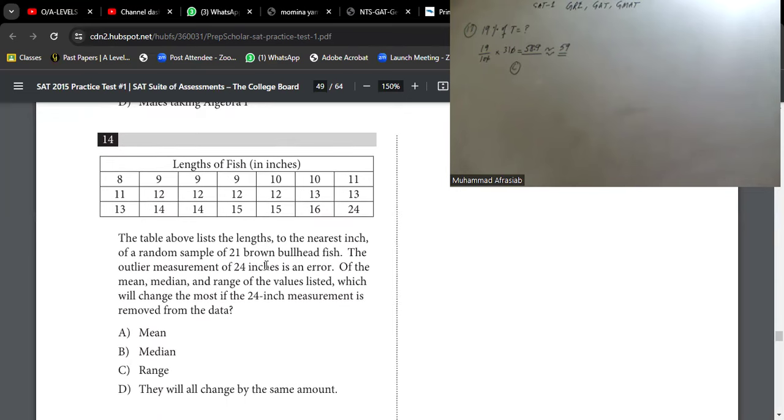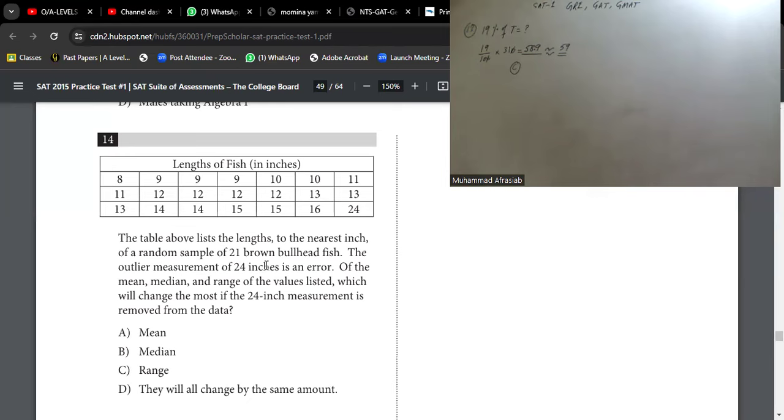Now for the next question, question number 14. The length of the fishes in inches. The table shows the list of the lengths, to the nearest inch, of a random sample of 21 brown bullhead fish. The outlier measures 24 inches, which is an error.